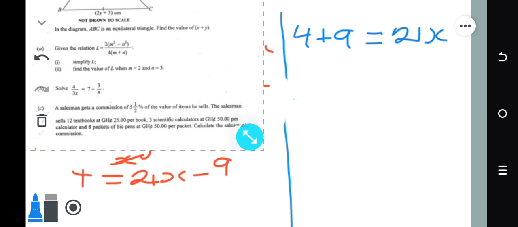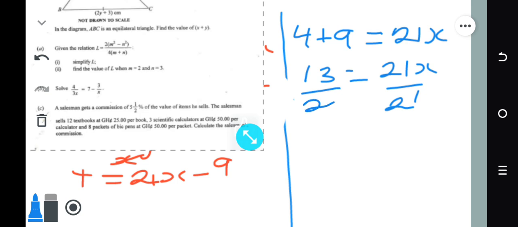So 4 plus 9 will give us 13 equal to 21x. Divide both sides by 21, and then we have x is equal to 13 over 21, and this is our value for x.